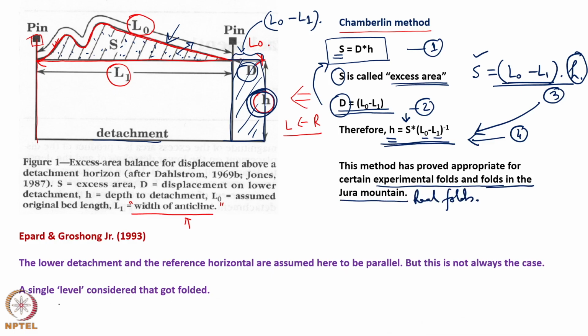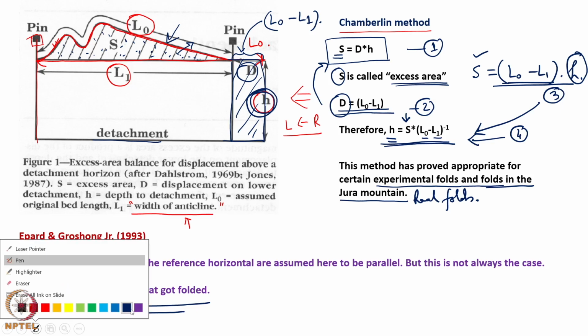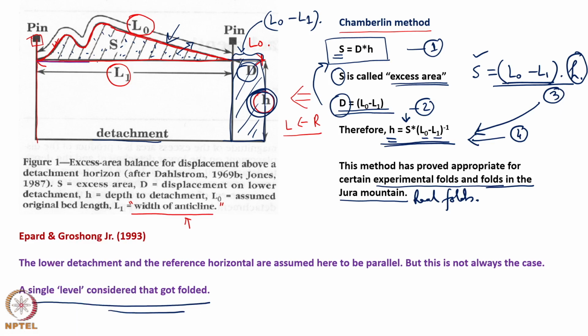In this exercise, we have considered a single level that got folded. What is the meaning of the word level here and where is that located? This line can be called a level, and that level got folded. That is what is said. A single level has been considered, whereas we might find in reality not just a single folded layer, but another layer also.